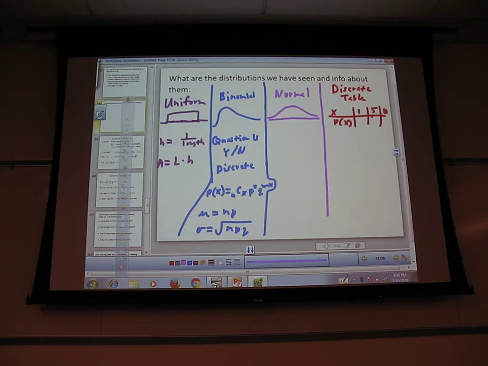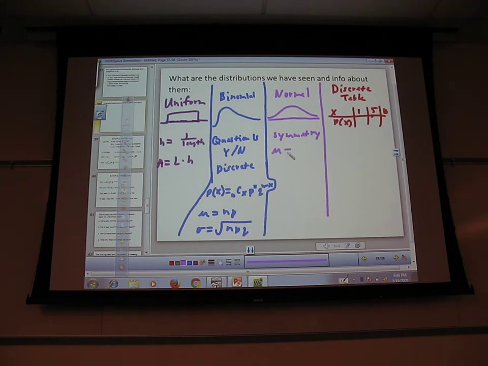Normal distribution. What do we know about that one? Symmetrical. Good. Symmetry. I always put symmetry. What else? You know nothing else about normal distributions? How do you find the mu?